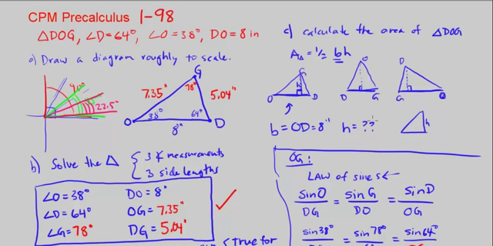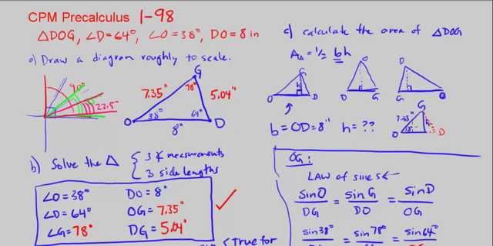We took away this part right here. So this is D, this is still vertex O and G. So we took away that, and we know that this is still 7.35 inches.